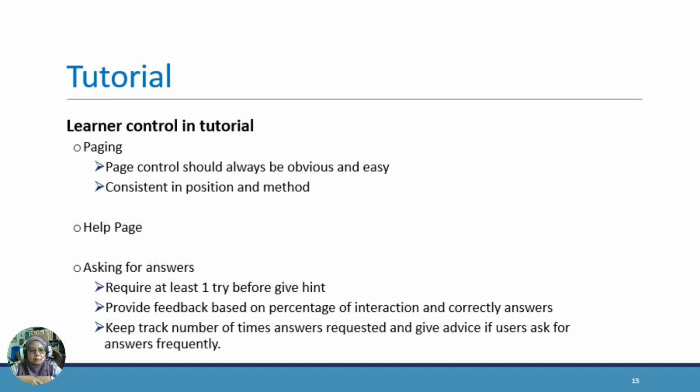Keep track of the number of times an answer is requested and give advice if the user asks for answers frequently. So you have a tracking system. It's more complicated, right? But it is good if you want to record or see the progress of your students.